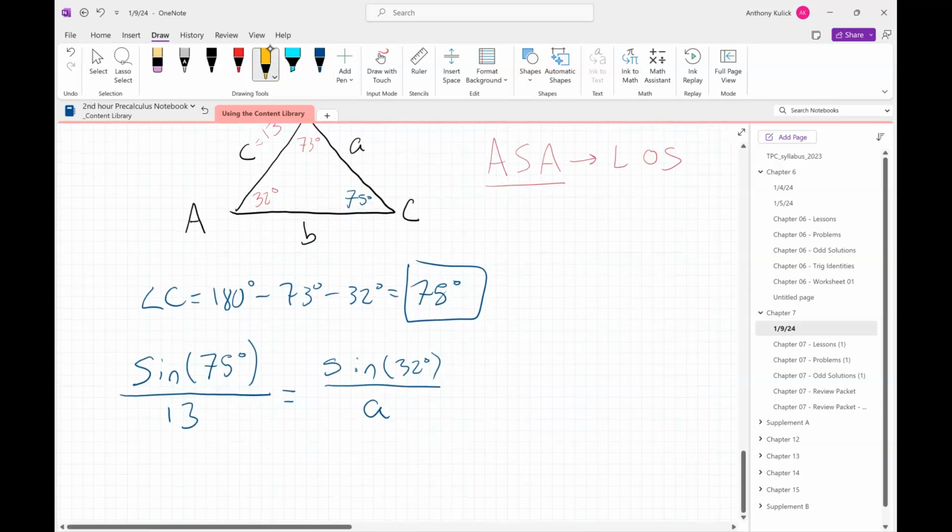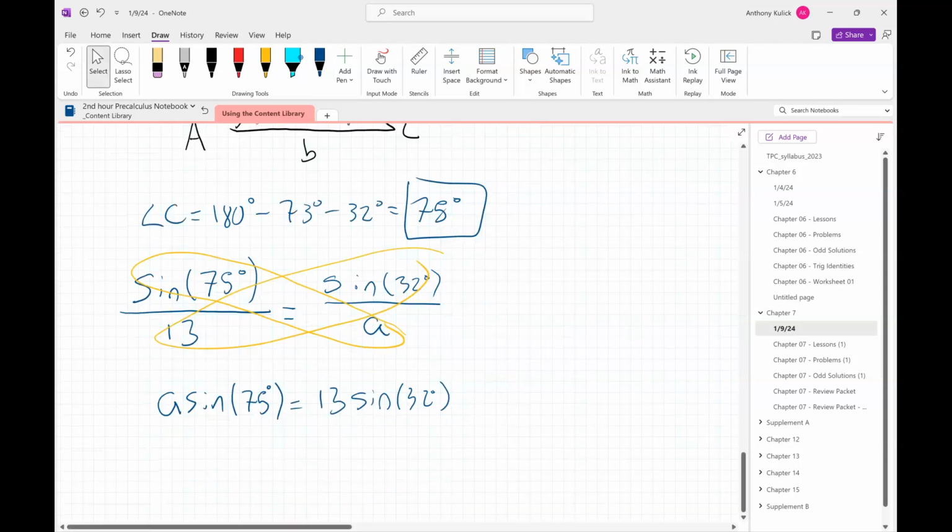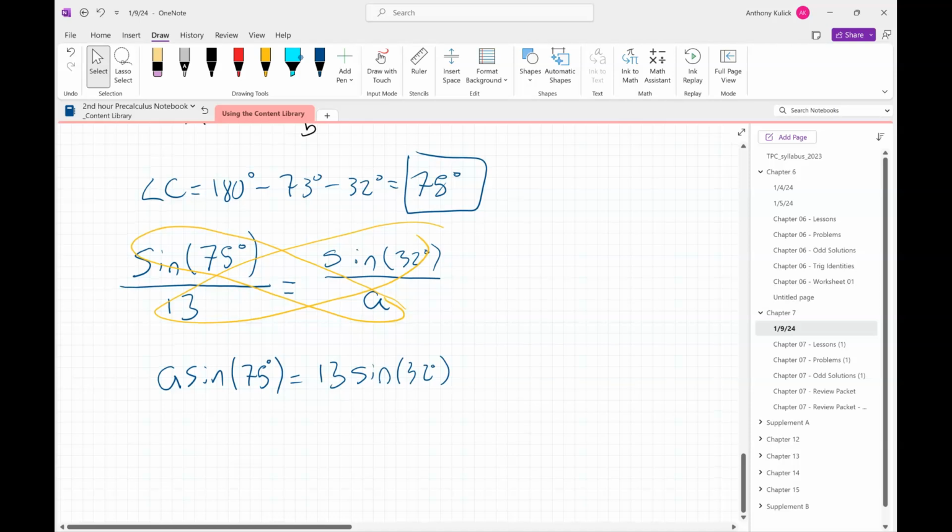What type of equation is this that I have where I have one fraction equal to another fraction? What do we call that? A proportion. How do we solve a proportion? Cross multiply. Remember, cross multiply is a solving technique, not a way to multiply fractions. So to solve a proportion, we cross multiply. So we have A times sine 75 equals 13 times sine 32.